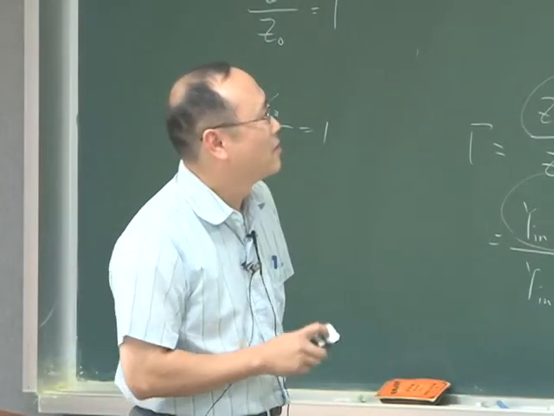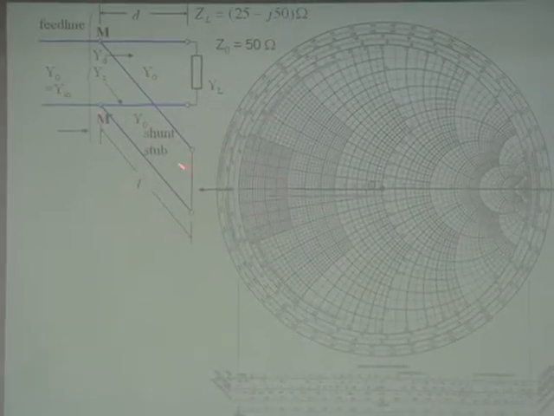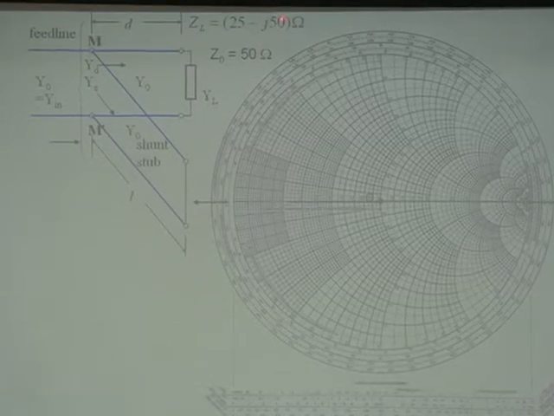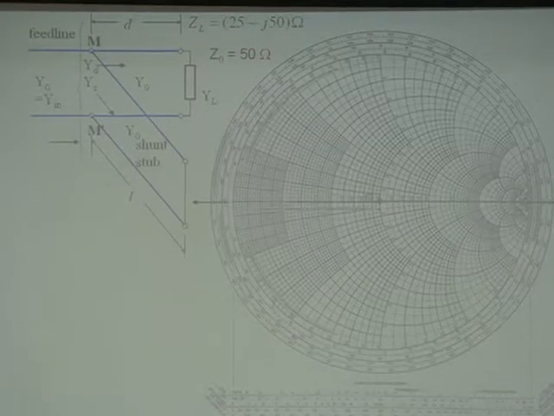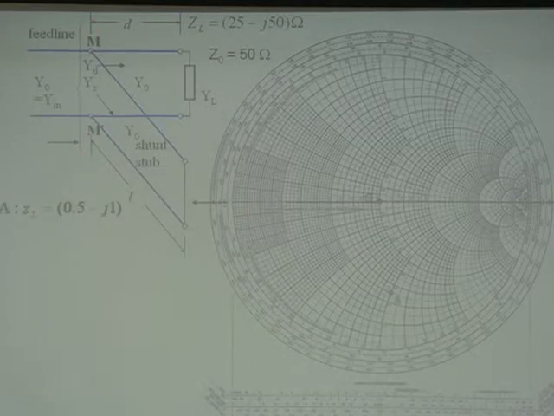Now, for this transmission line, there's an SWR circle. For this transmission line, there's another SWR circle. Let's first normalize this to the characteristic impedance, and then find the input impedance from this point. So the first step is that we convert this load impedance into a normalized value, 0.5 minus j1, and try to locate this point on this Smith chart.